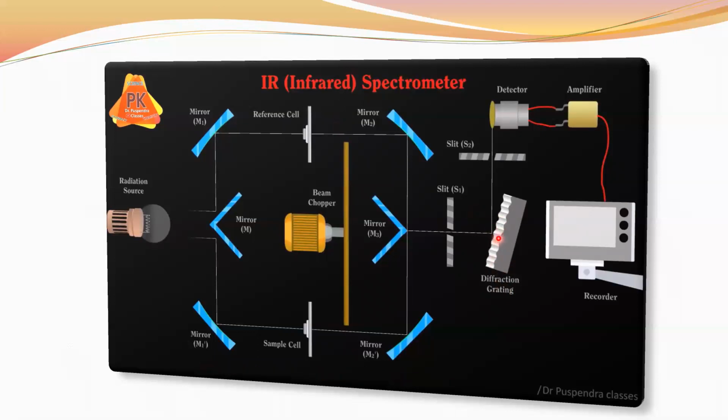It can be rotated. This is the detector and this is the amplifier. And lastly, this is the recorder. For the detector, we use bolometer, thermocouple, thermistor, Golay cell, etc.